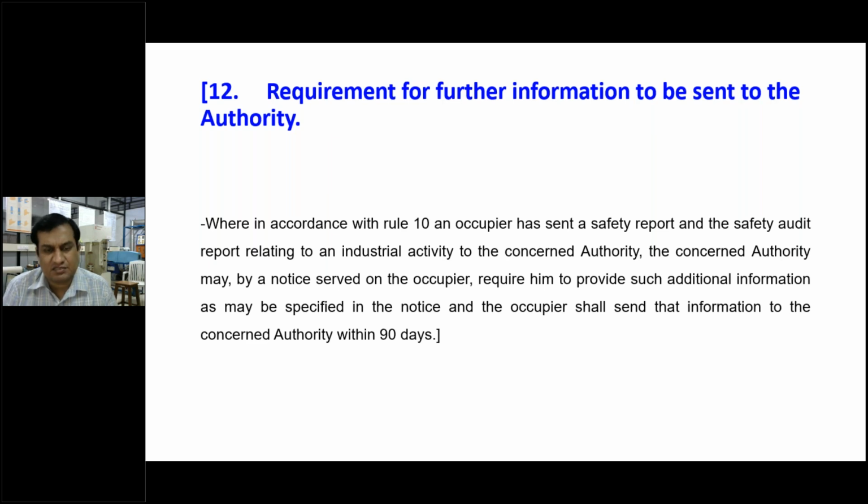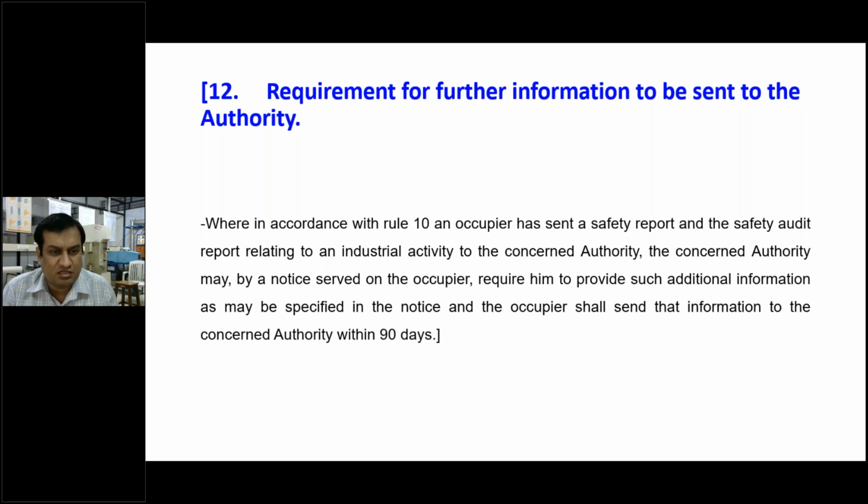Then rule 12 is the requirement for further information to be sent to the authority. So we have already discussed rules 10 and 11. In rule 10, you have to submit the safety report and safety audit report. In rule 11, we have discussed the updation: if you are changing or adding some new activities in the existing industrial activities, then you have to update the report and submit it to the concerned authority.